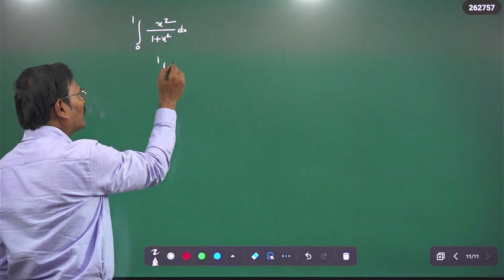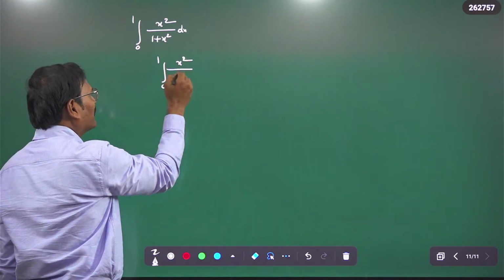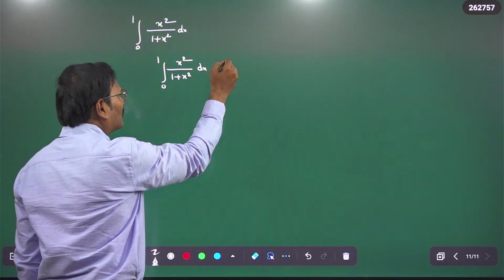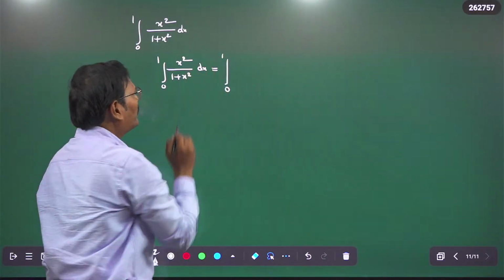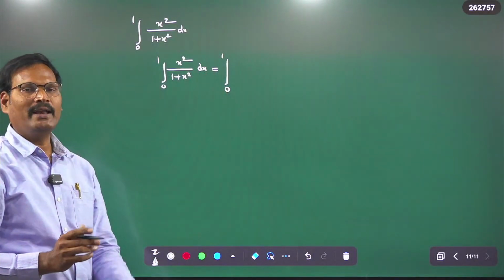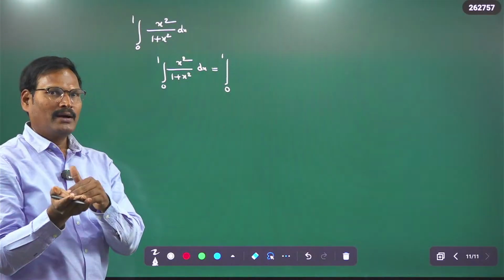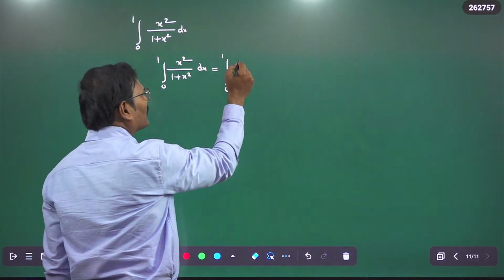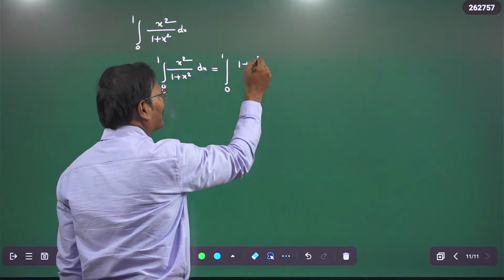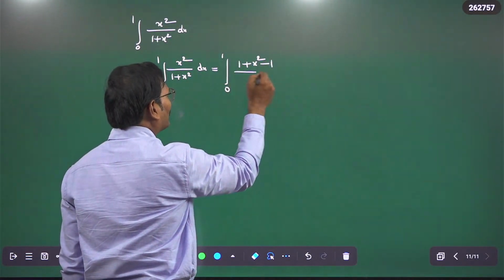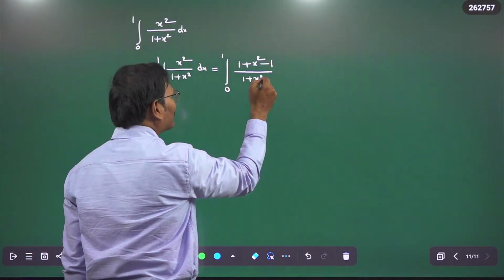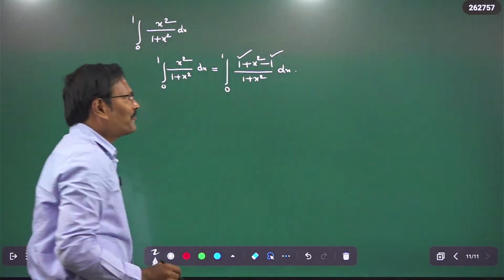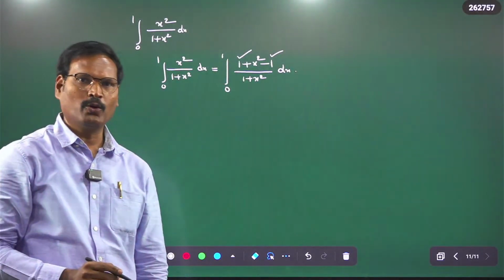To evaluate this, I am adding and subtracting 1 in the numerator: 1 plus x square minus 1 by 1 plus x square.